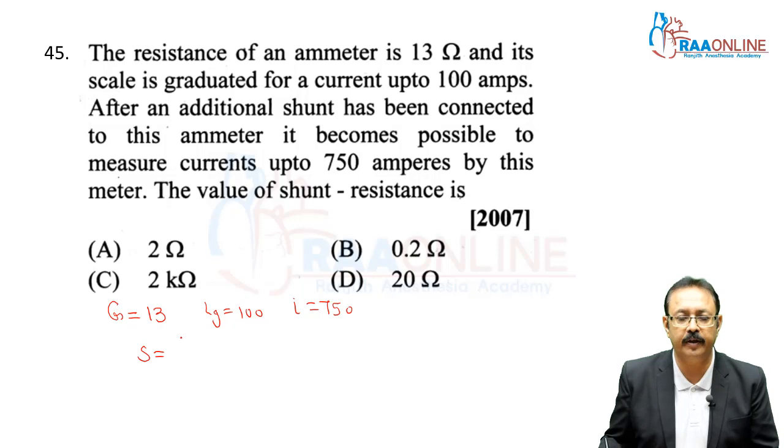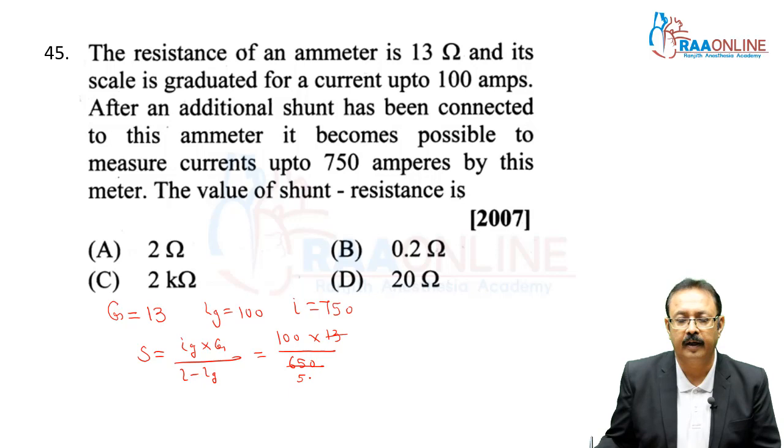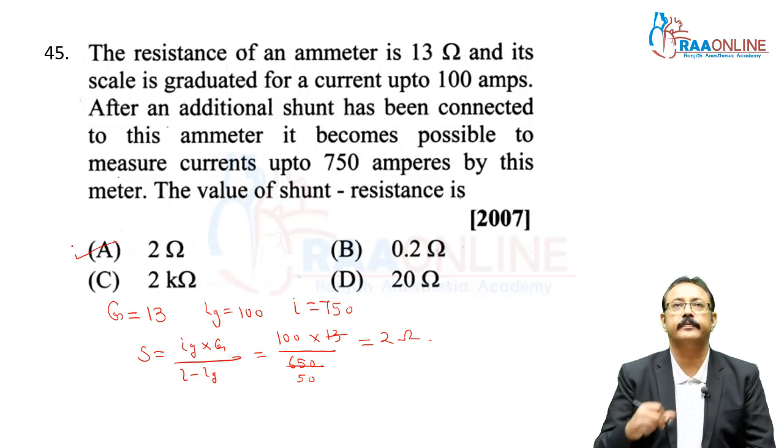What is the value of the shunt? Ig into G by I minus Ig. So what is Ig? 100. G is 13. 750 minus 100 is 650. So what are we getting? 100 upon 50, it means 2 ohm. So we are going with A option.